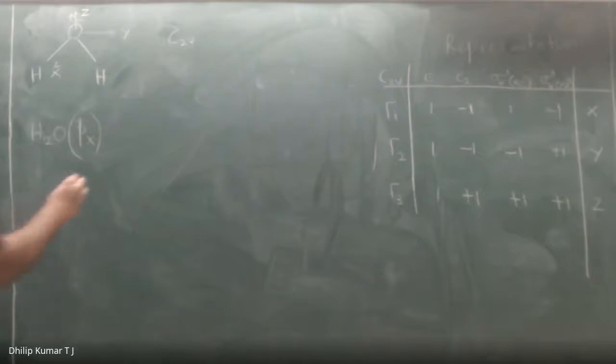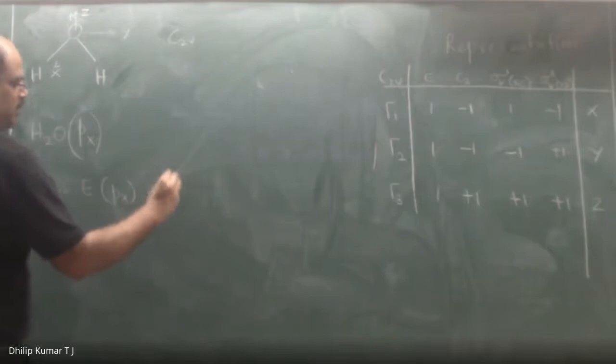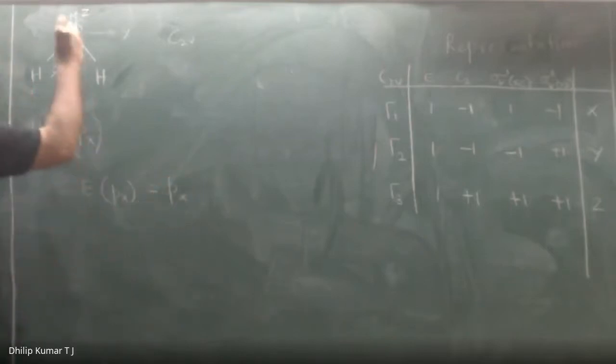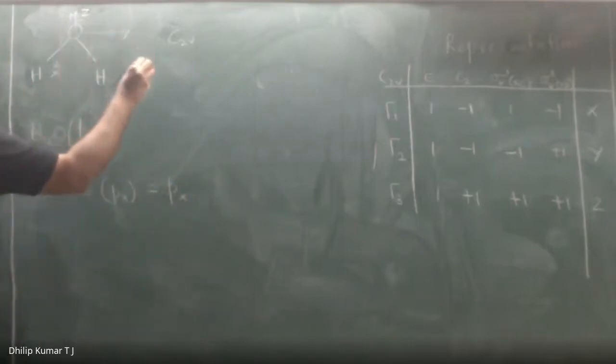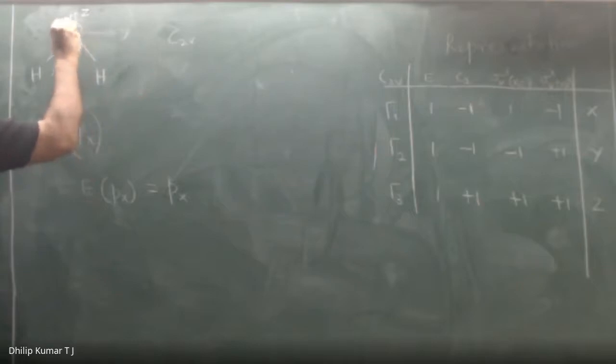E of px is going to remain px. So px is basically here, right? You can plot it something like this: plus is towards you, minus is the backside. The p orbital is coming towards us, the positive part, and the negative lobe is behind.